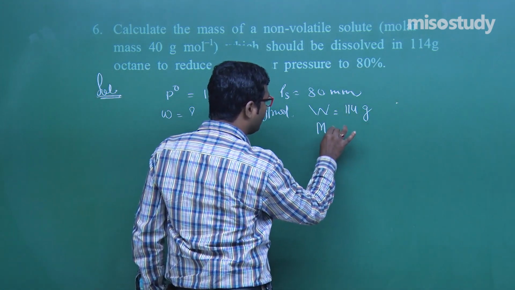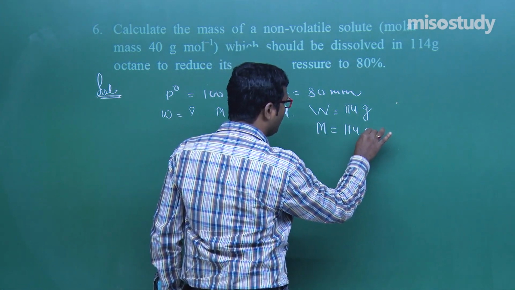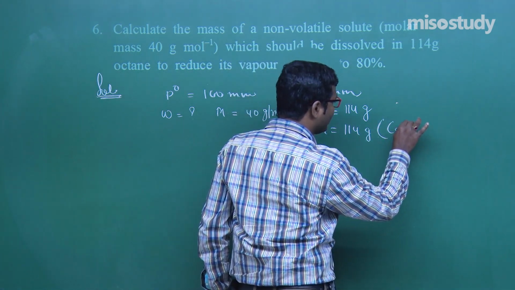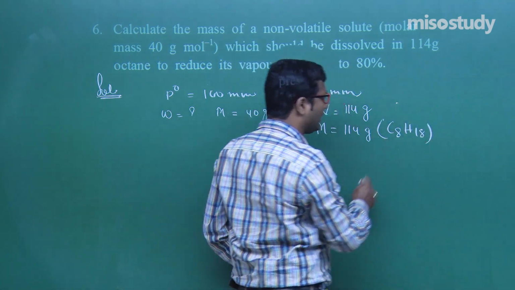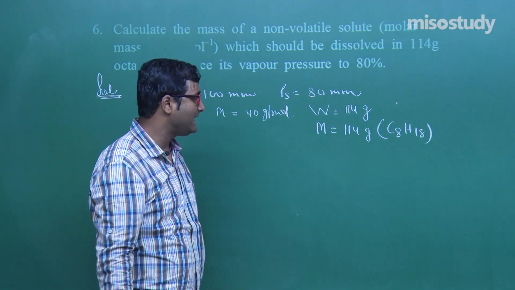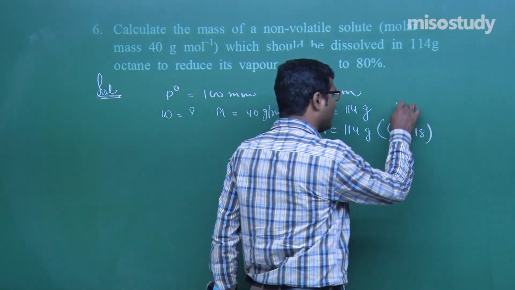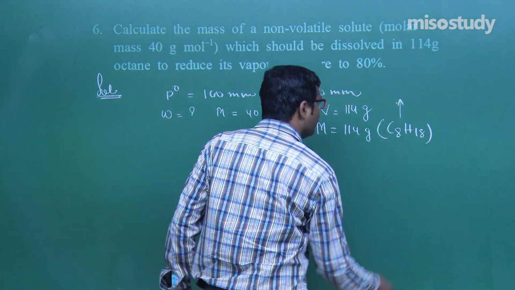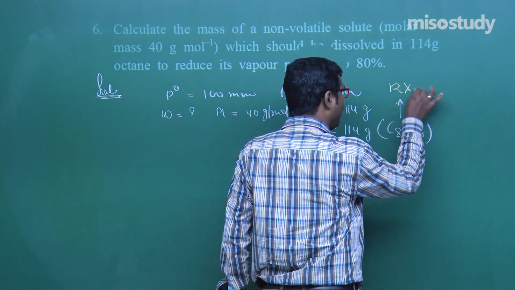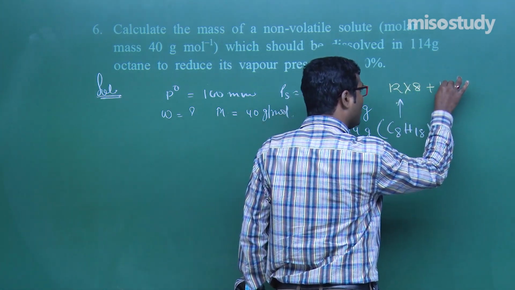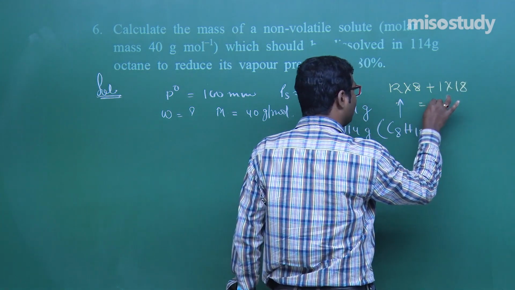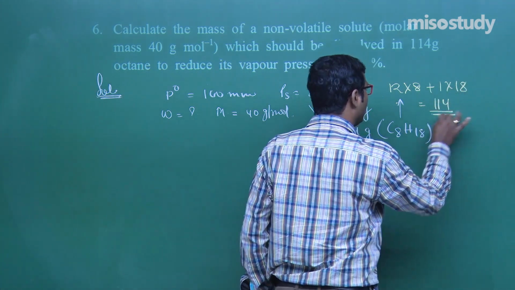What is the molar mass of solvent? It is also 114 gram, because it is octane. Octane has formula C8H18. That means 12 into 8 plus 1 into 18. After adding, we get 114.